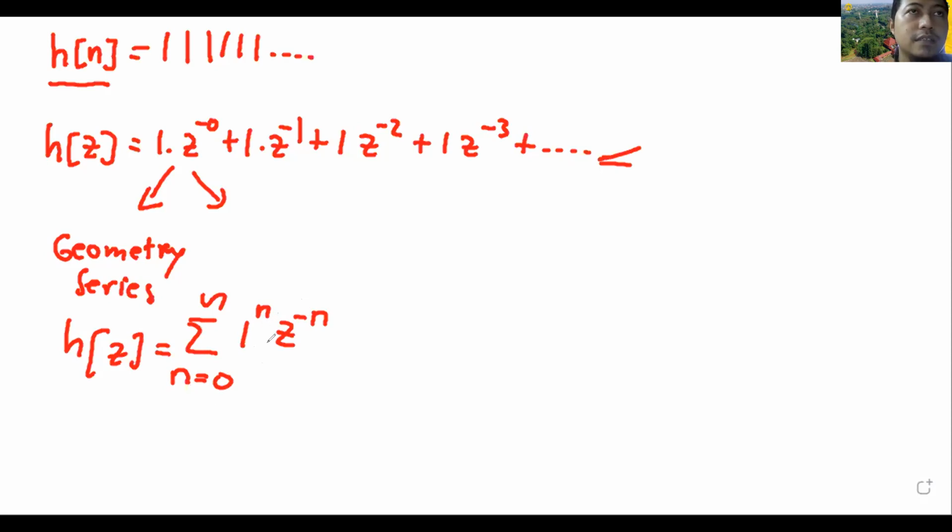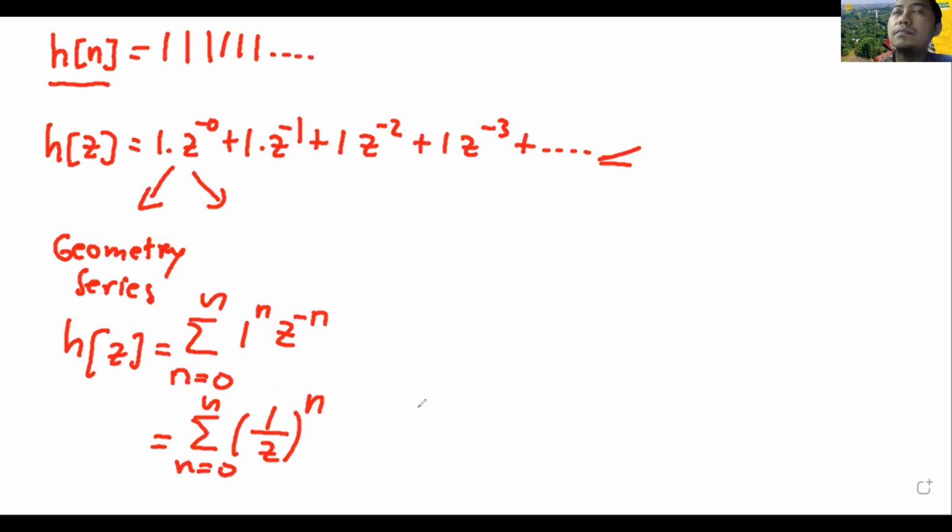This is still a bit compact. And then we can write it as the sum from 0 to infinity of z to the power of minus n.